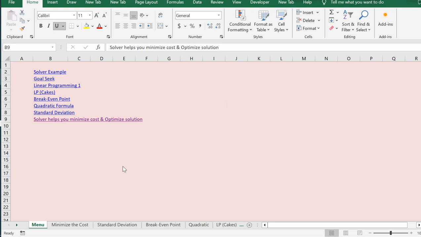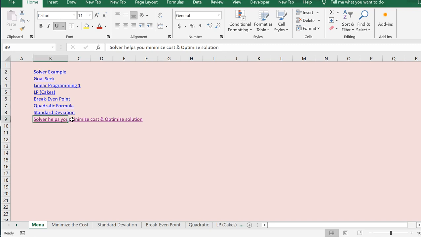Today's topic is using the solver to minimize the cost and optimizing your solution to come up with this cost which is minimum. This is a frequently encountered situation for any manager, and having the Excel skills, he can best utilize it and come up with an efficient solution for his process and for the betterment of the company he's working for.